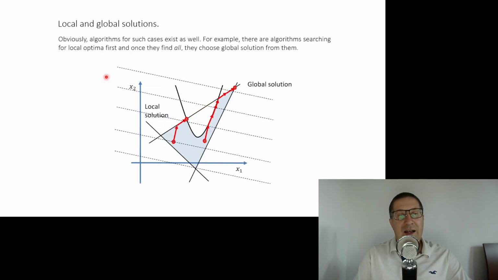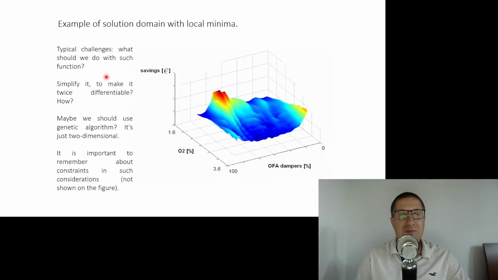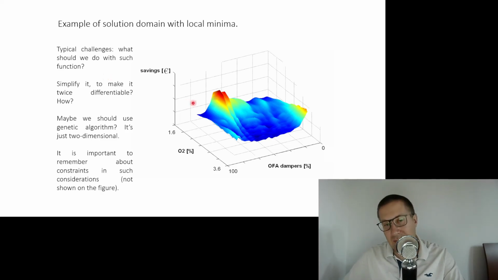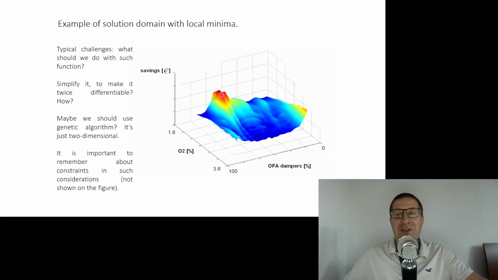Okay, another topic. This is some function that I got from another project. So it's artificial, but let us assume this is a function of savings. This is our objective function, as a function of oxygen and opening of overfired air dampers. So this is a topic related to the combustion process optimizer.